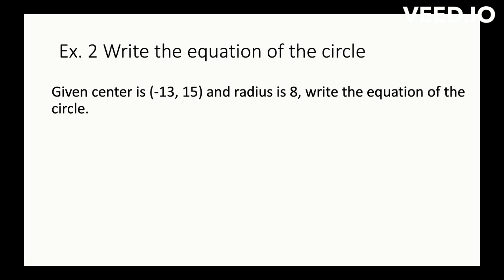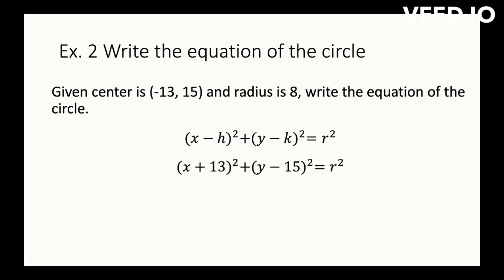Next example, we're asked to write the equation of the circle given the center and the radius. Given the center is at (-13, 15) and the radius is 8, write the equation of the circle. So here's our standard form. We can just plug it in. Given the center is at (-13, 15), the left side of the equation will be (x + 13)^2 + (y - 15)^2 = r squared.